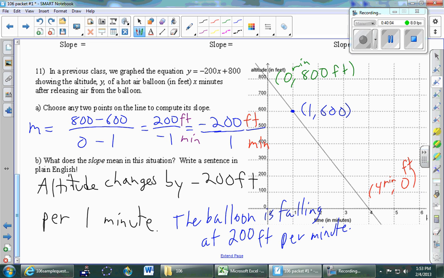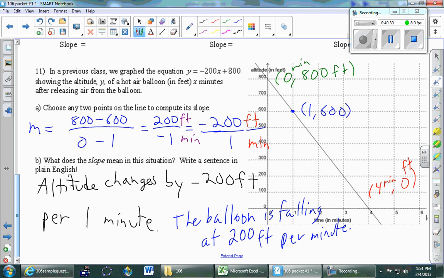Here's how I write my slope interpretation. But then let's try to write it in plainer English. Let's make it really clear. The balloon is falling. Why did Melanie introduce the word falling? Because it is going down. But what about that number? Did she say it means falling? It's the negative, right? That's why it's falling. It's because it's negative. Melanie didn't say negative 200, did she?